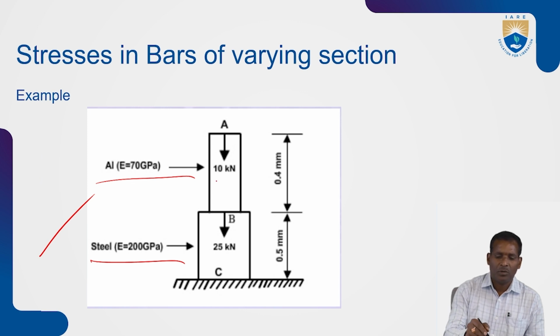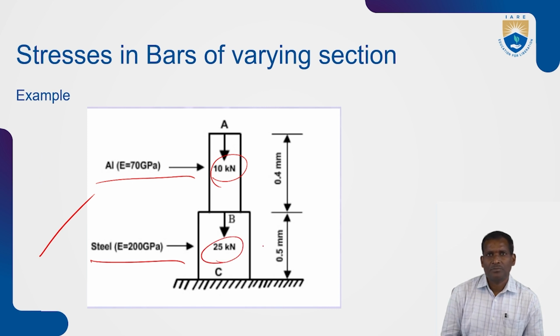Here the load acting is 10 kilonewtons downwards at point A and 25 kilonewtons at point B. The lengths are 0.4 m and 0.5 m.